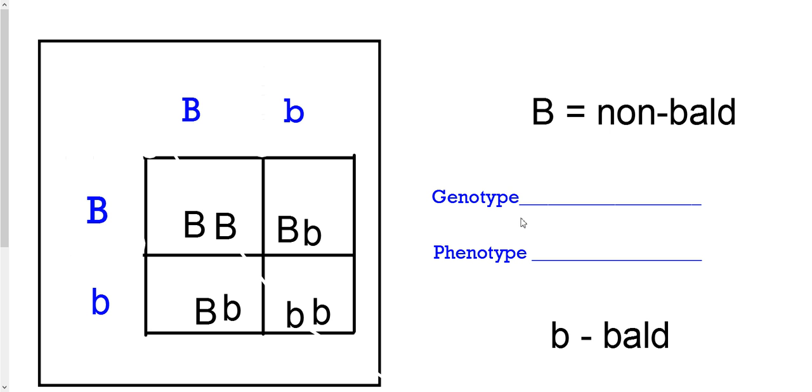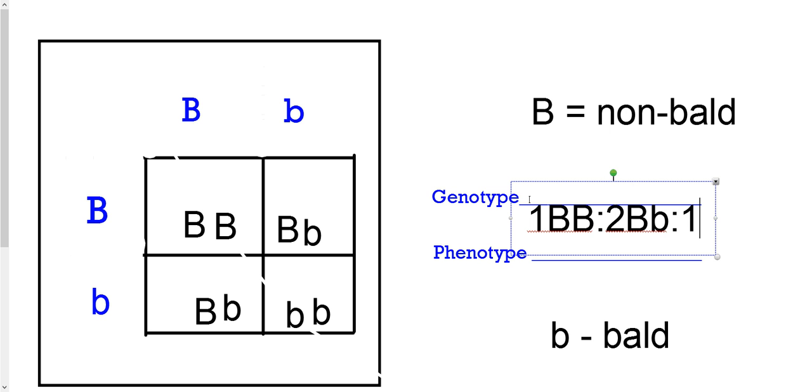So our genotype, if we're doing a ratio for this, it would be 1 BB, colon, like in math, is a ratio, 2 heterozygote, or capital and lowercase, and finally there was only one little b, little b.